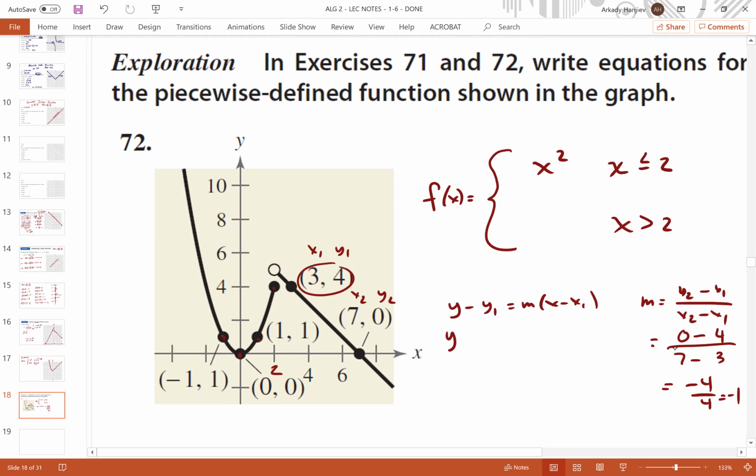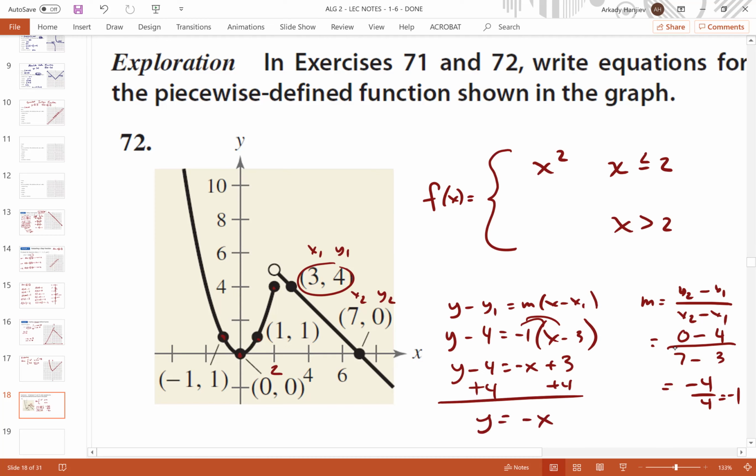So how about this? y minus 4 equal to -1 times x minus 3. And let's solve for y. So -x plus 3 looks like. Add 4, add 4. And we're almost out of time here. So we get ourselves y is equal to -x plus 7.